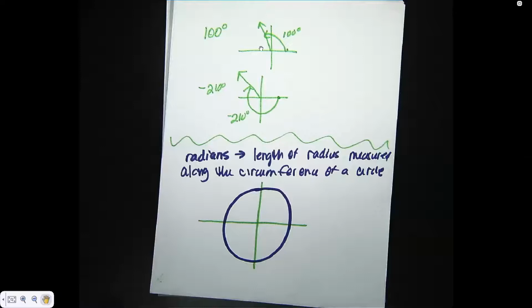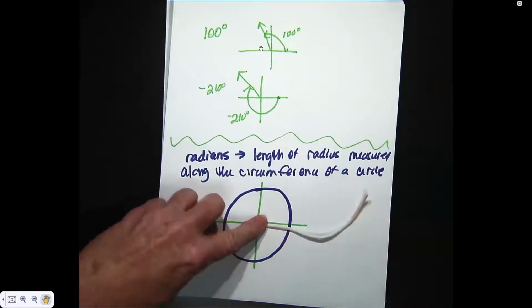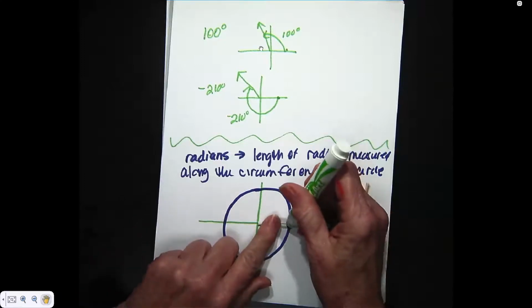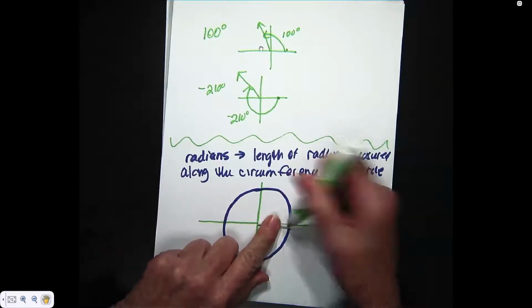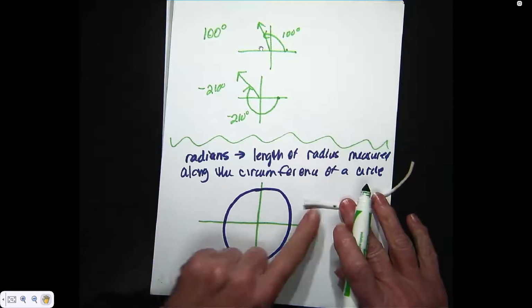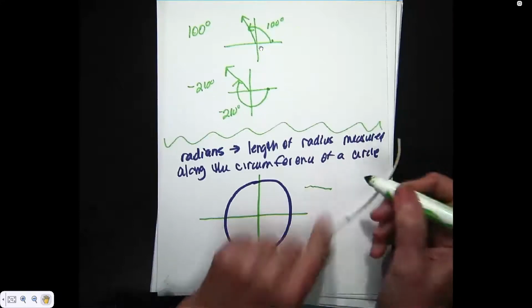Okay, if I took a length of string and I measured my radius, my radius would be about this much. I'm going to try really hard not to stretch and I know this is not going to be perfect. So this length for this particular unit circle, this would be the measure of 1 radian.